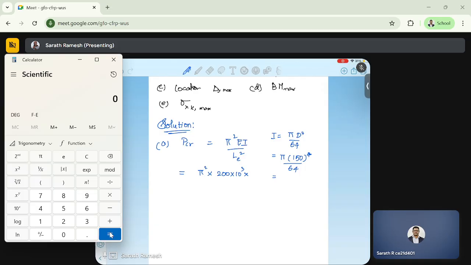This gives 2.485 into 10 to the power 7 mm power 4.